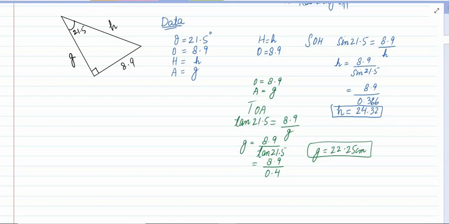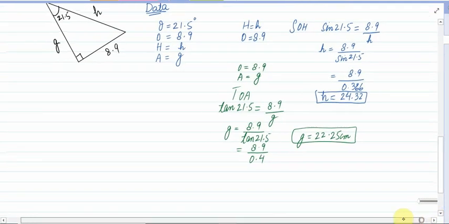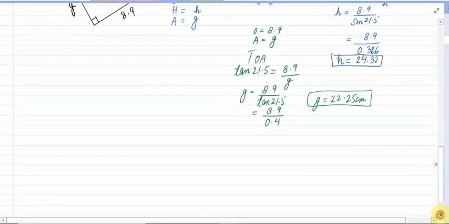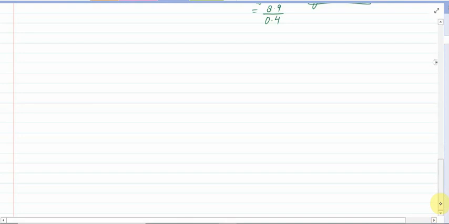Now some tricky questions. Now you have a triangle ABC.